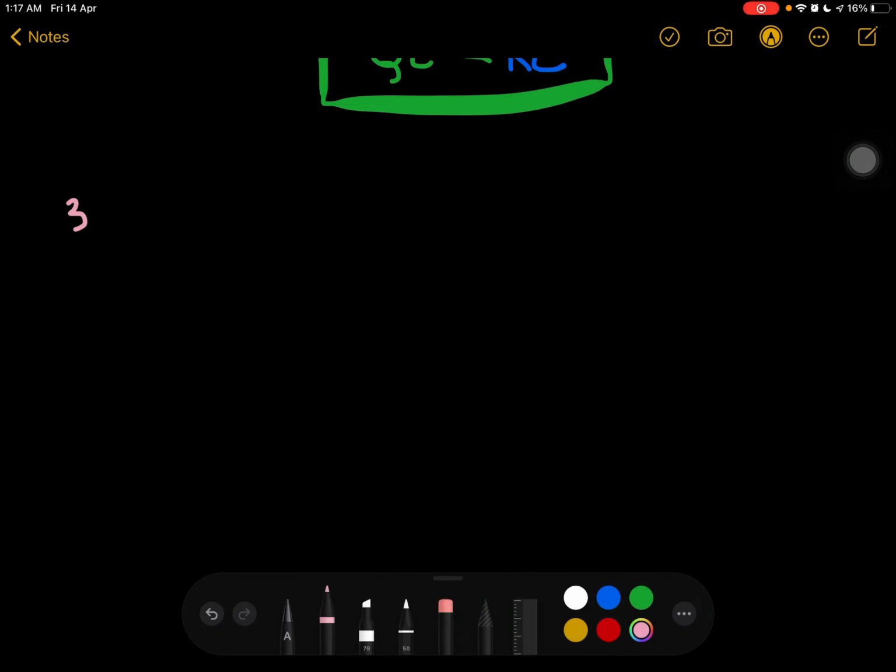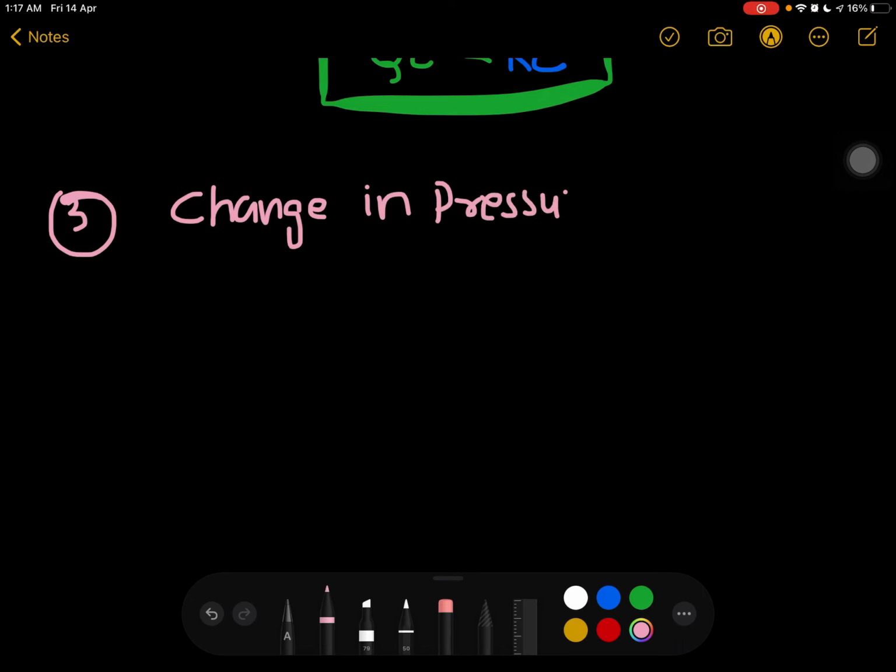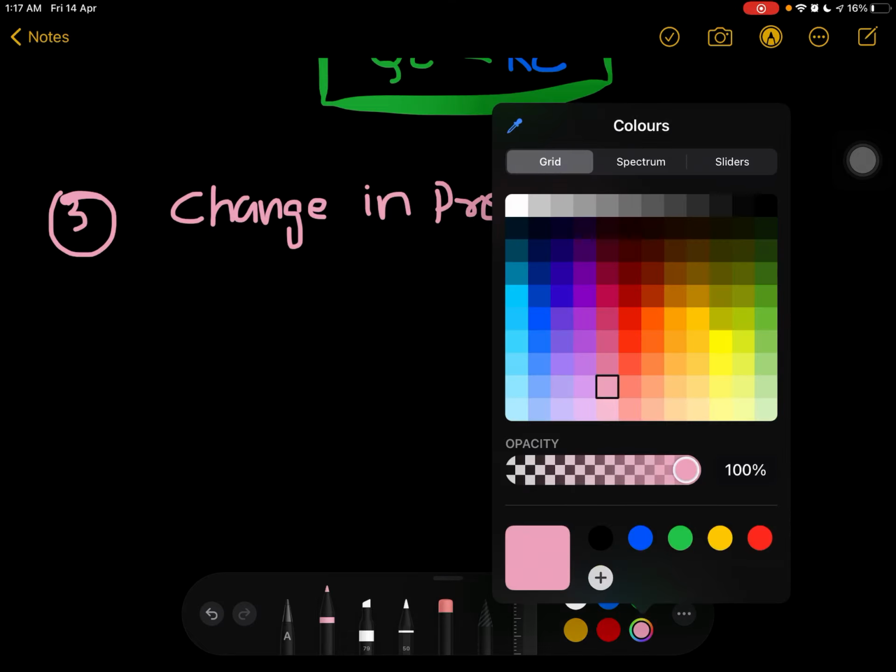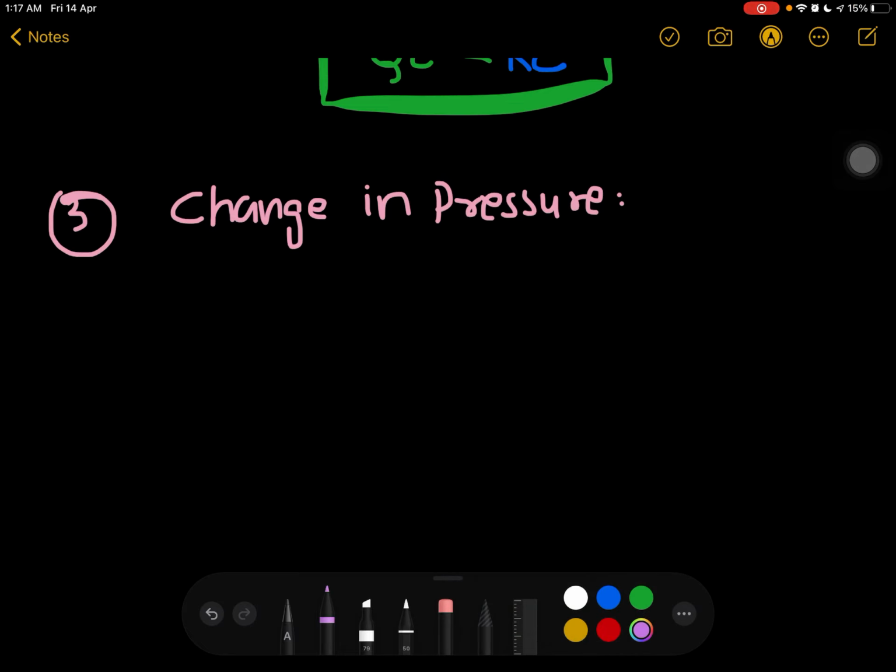So today we will discuss the third point, which is the change in pressure. For pressure, you just have to memorize a simple rule, and I'll be telling the reason as well.